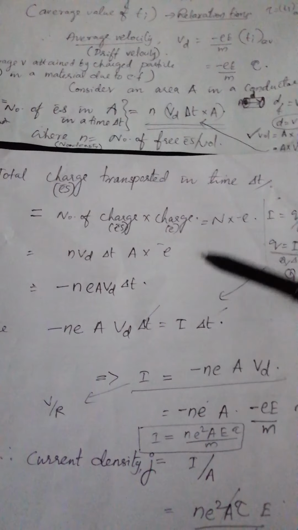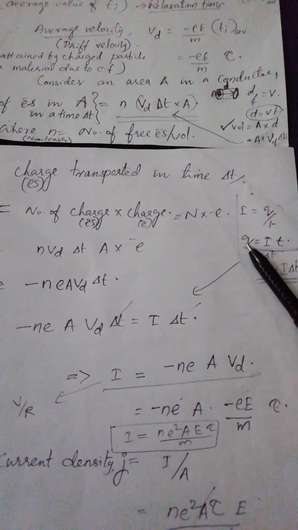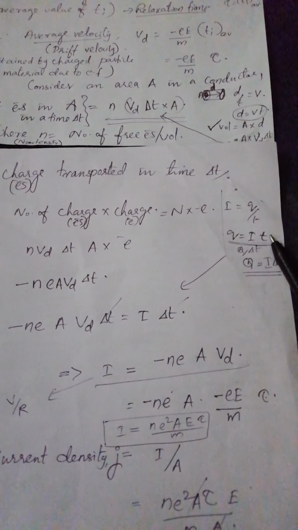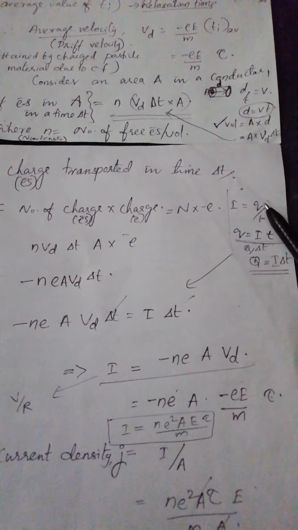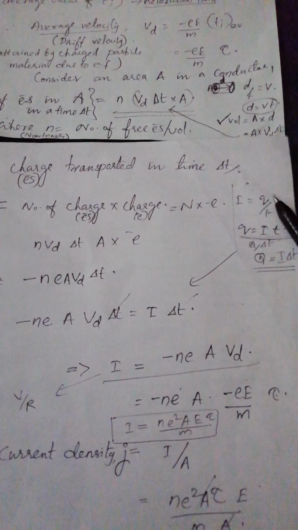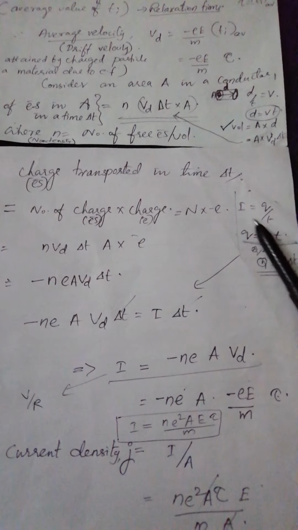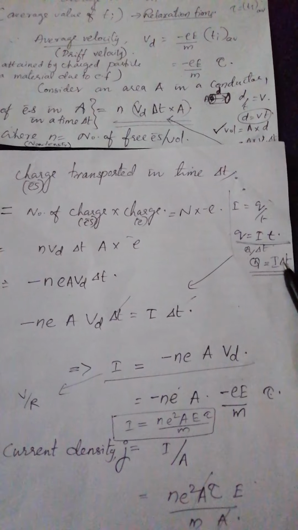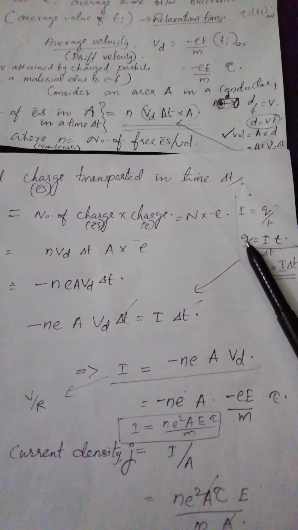And we know that if a charge q is flowing in a conductor in a time t, then current is the rate of flow of charge, that is I equals q by t, or q equals I into t.